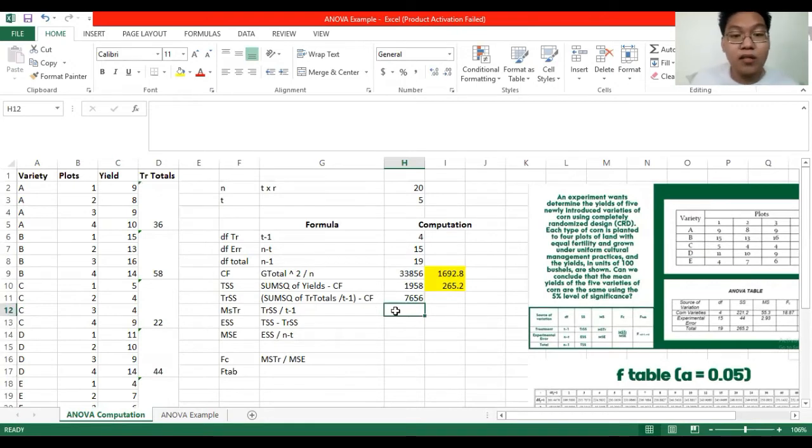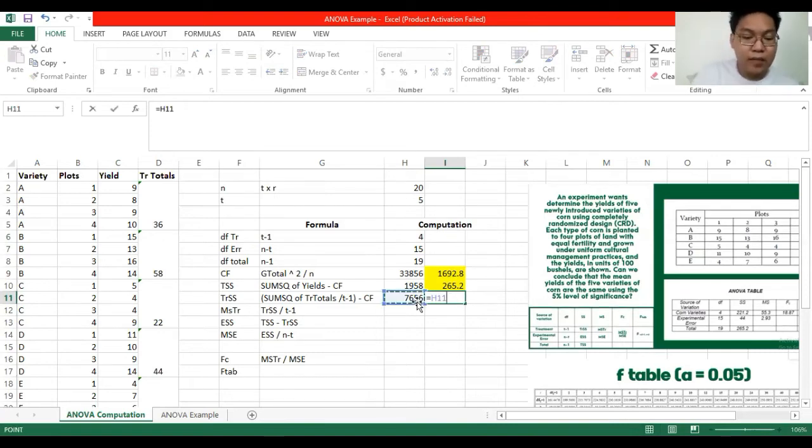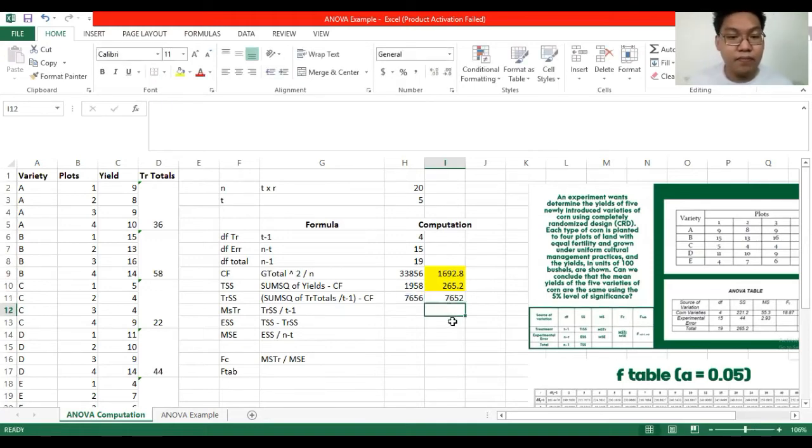But again, the formula does not end there. We still have this value to be divided by t minus 1. T minus 1 is this one, our DF for the treatments, which is 4. So we subtract by 4, which, it is not subtracted. Okay, that's wrong. This value should be divided by 4.